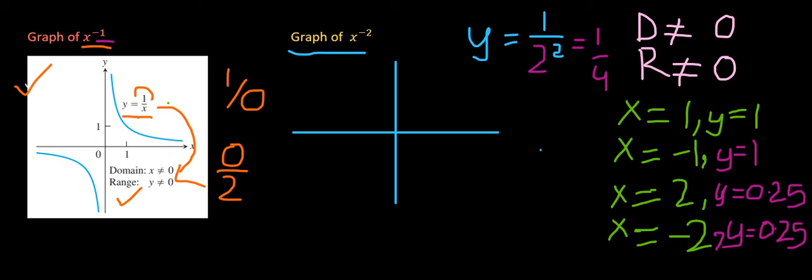So simply put 1 and 1 over here, and here is our 1 on the x and y axis, and then we are going to plot x equals 2, and then we will get an answer that is 0.25.